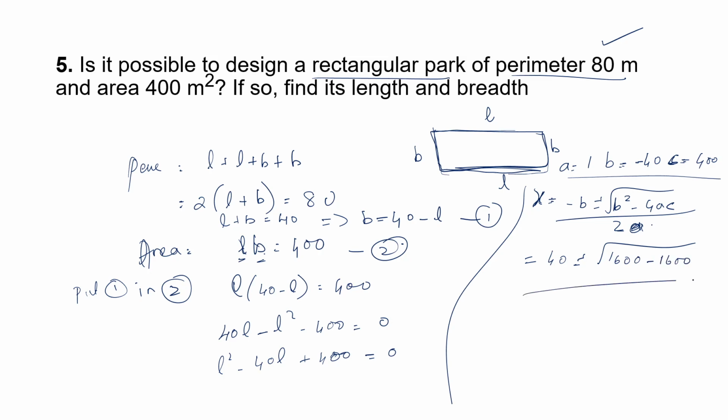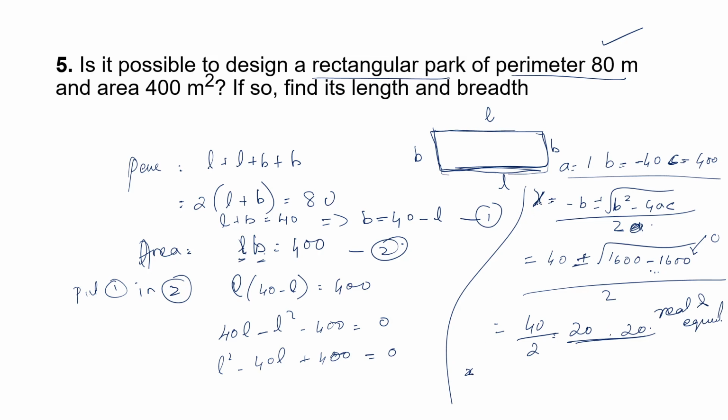Yes, it's getting 0. The second term is 0, so no issue. We will get real and equal roots. 20, and the other value is also 20, real and equal, because b square minus 4ac is becoming 0. So what is this 20?